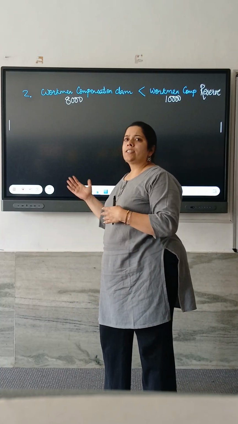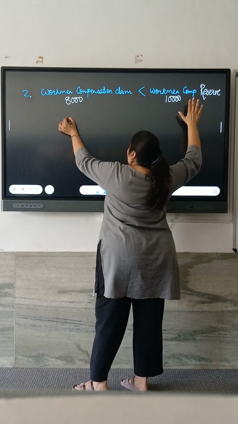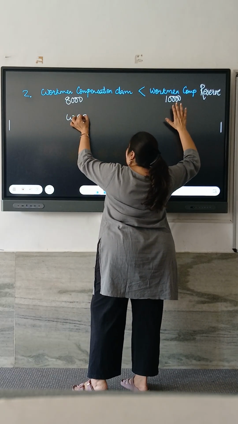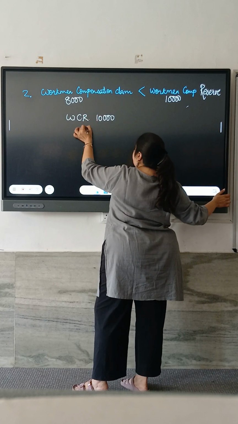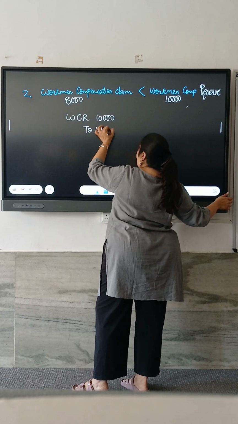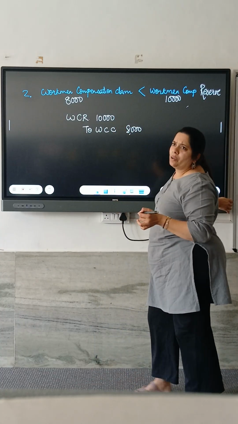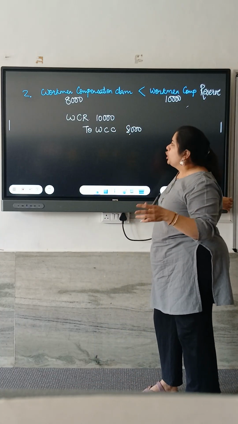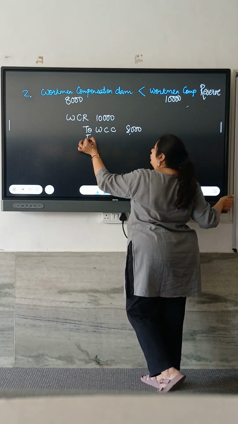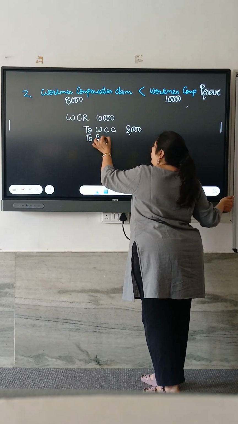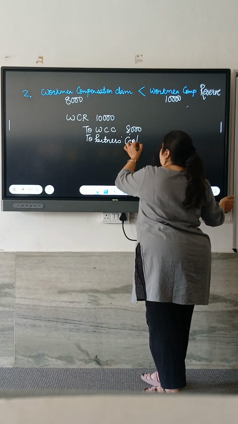They have asked for 8,000, you have more than that in fact. So you can utilize this entire amount of 10,000 to pass the claim of 8,000. You still have 2,000 left. So you utilize 8,000 entirely and the remaining 2,000 you distribute amongst the partners in their old profit sharing ratio.